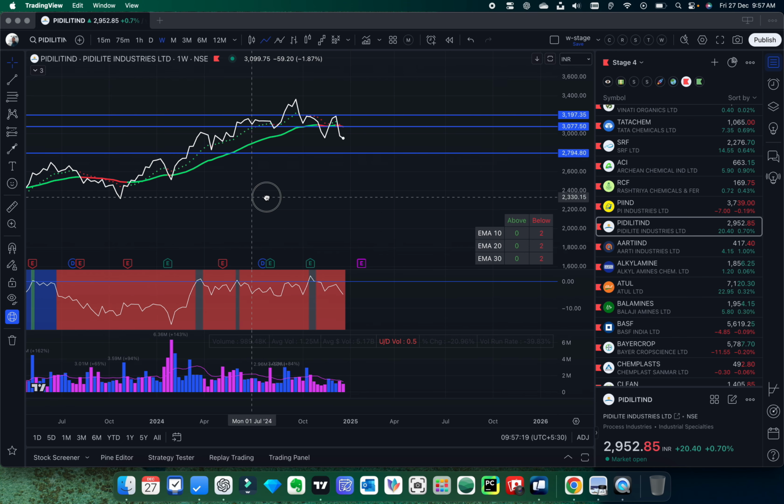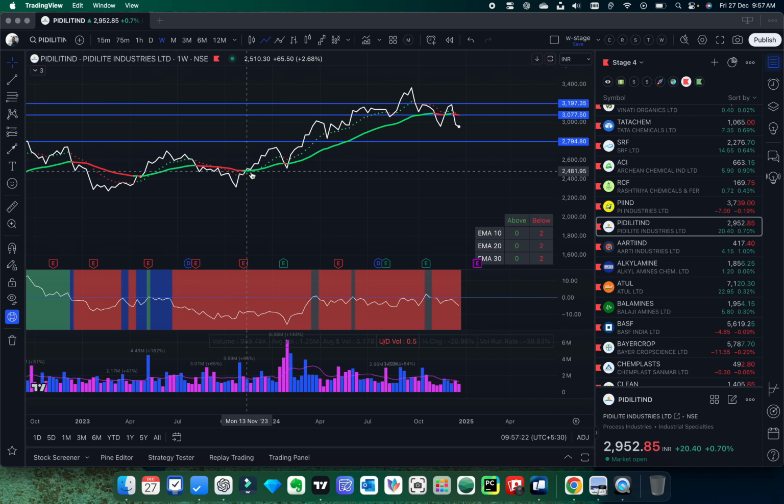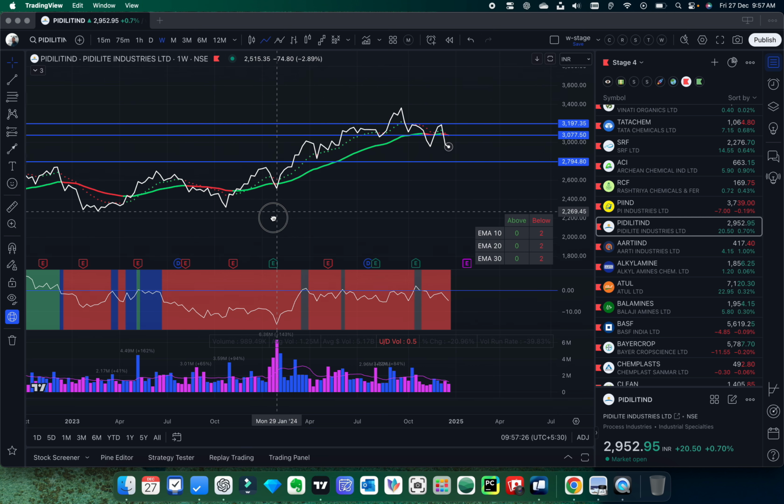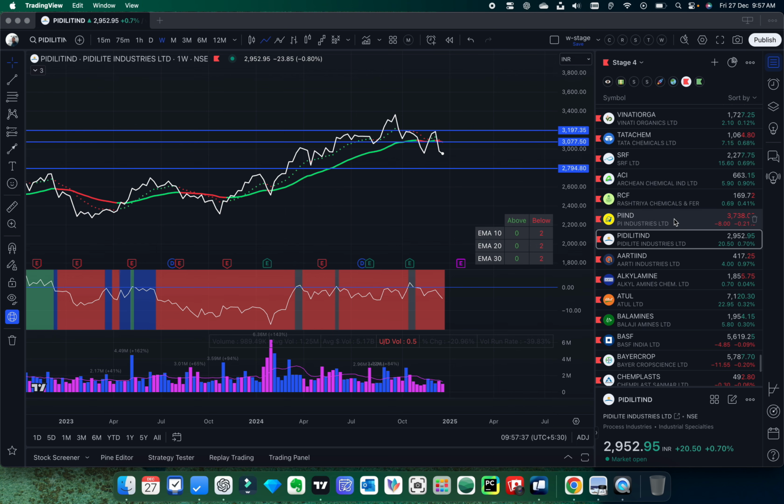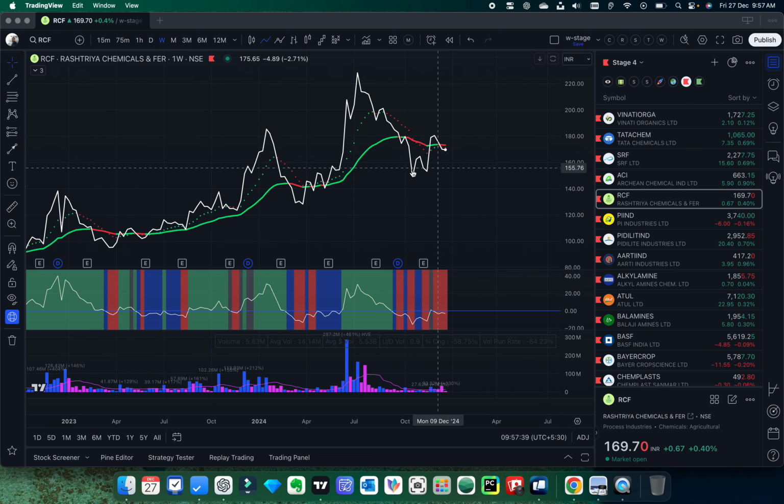So now see, basing happened here, breakout, this was a false kind of breakdown, came up, topping, breakdown, moving average is flat. So stage 4, uptrend, false breakout, again uptrend here.